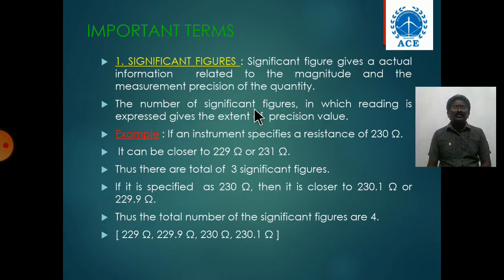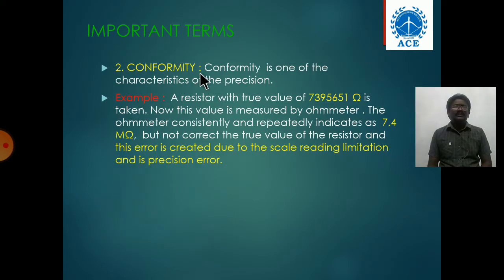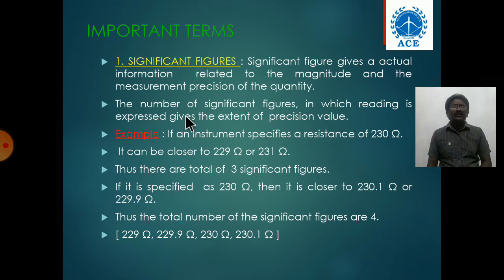So next, some important terms. Significant figures and conformity are the important terms. So now I will explain significant figures. Significant figure gives actual information related to the magnitude and the measurement precision of the quantity.